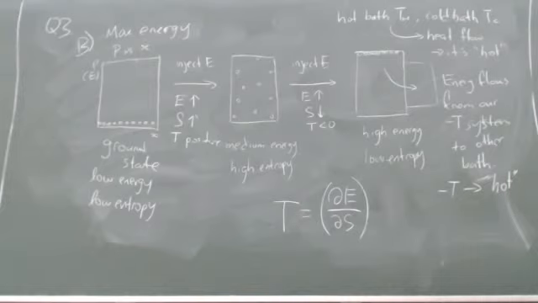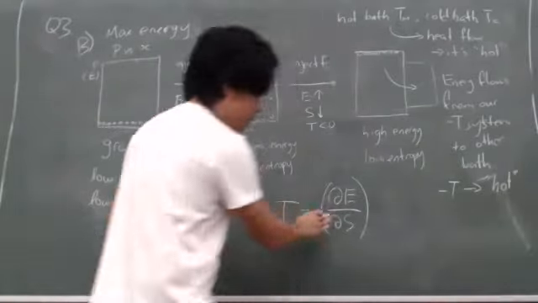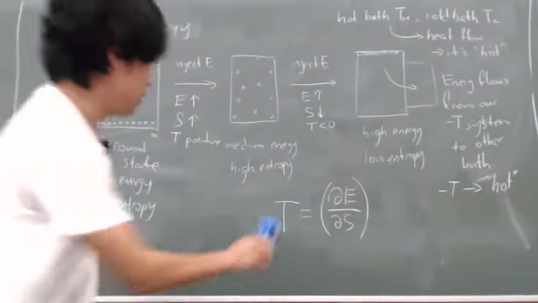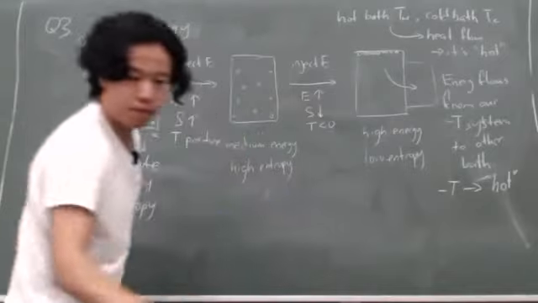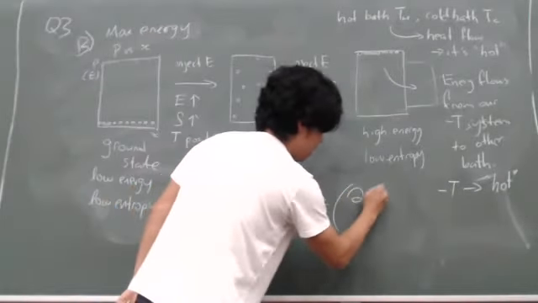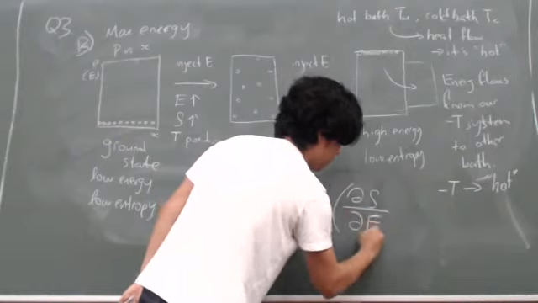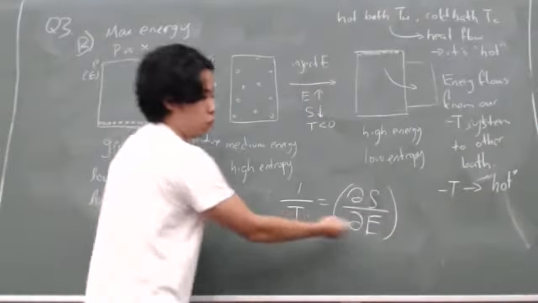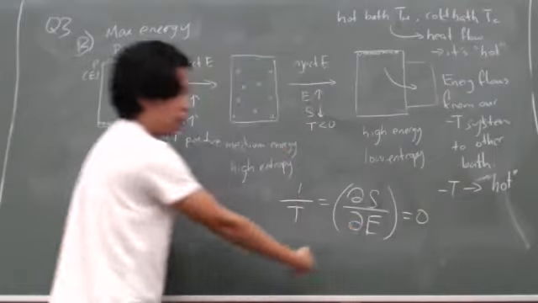And for part D, what about the case for infinite temperature? How is the system distributed among the states then? So infinite temperature, if we take the inverse of this, instead of T, let's look at 1 on T. And 1 on T is equal to dS/dE. Infinite temperature will correspond to a fixed point for this derivative.